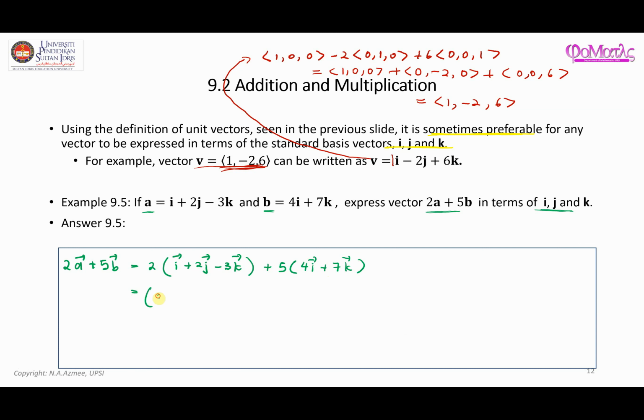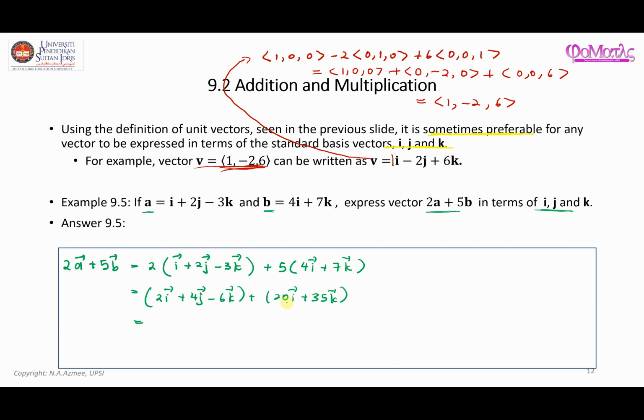So now this becomes 2i plus 4j minus 6k plus 20i plus 35k. Next, we're going to add up according to component vectors i, j and k.